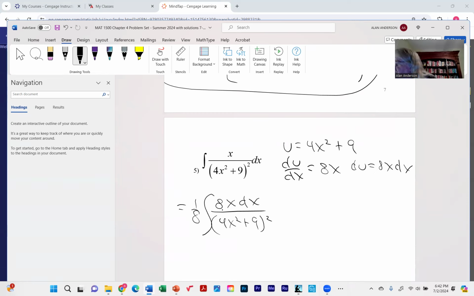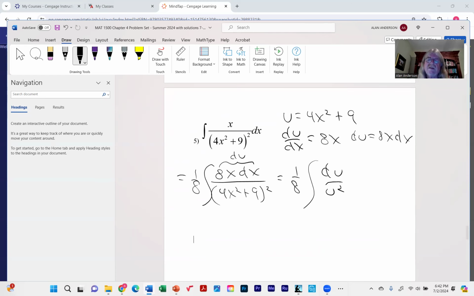And we have our du. So that means what we can do is rewrite this as 1/8 du over u squared. And now we're in good shape because we can simply use the power rule.